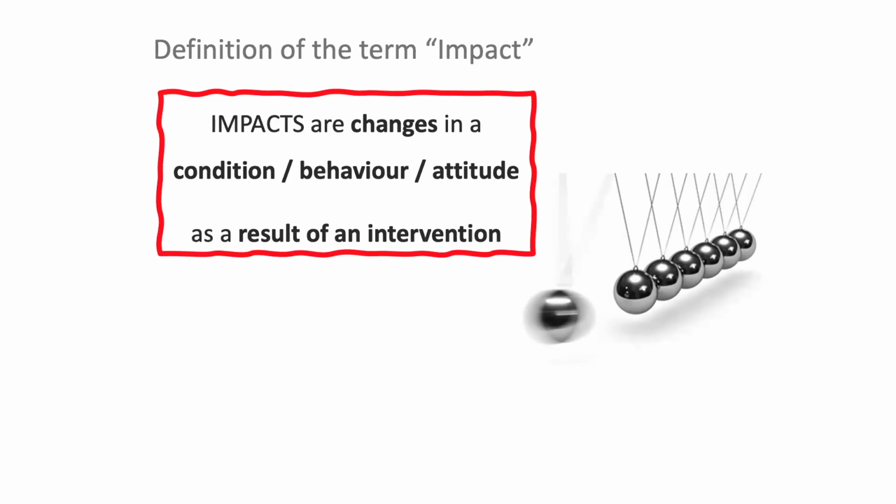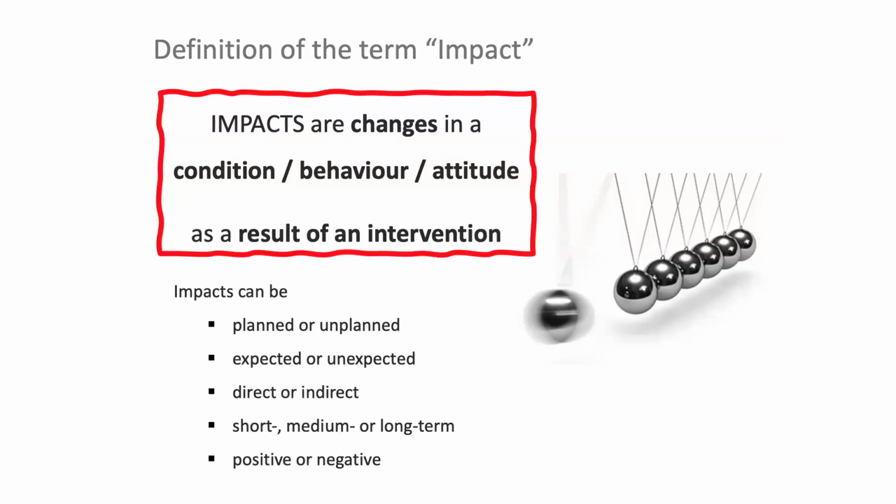We can only call it impact when it's because of our project activities, if it's due to our intervention. And when we talk about impacts, there are many different kinds of impacts. They can be planned or unplanned. They can be expected or unexpected. They can be direct or indirect.